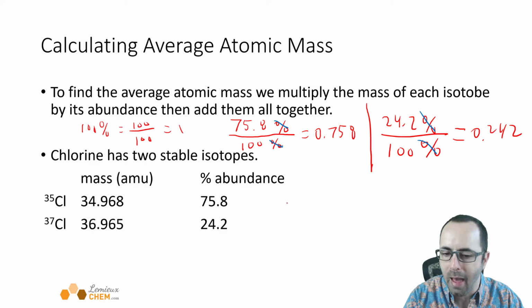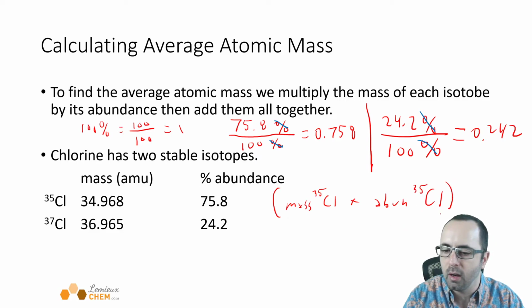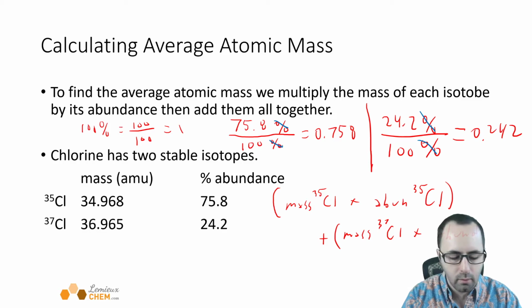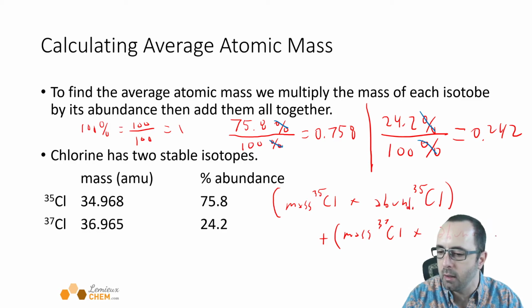So we're going to do the mass of chlorine-35 times the abundance of chlorine-35, and we're going to add that to the mass of chlorine-37 times the abundance of chlorine-37.